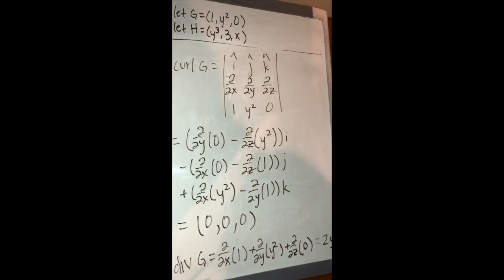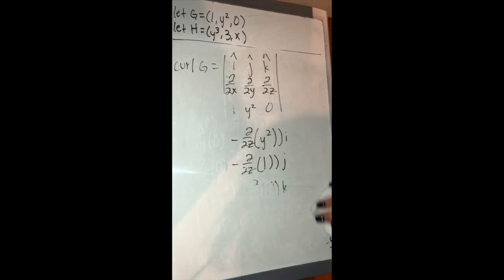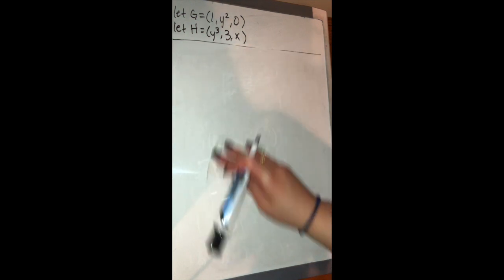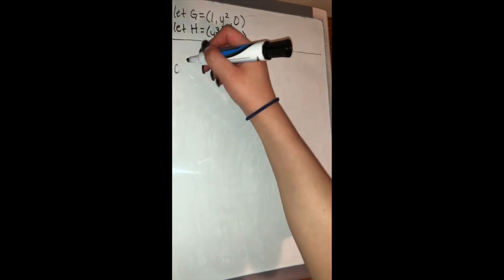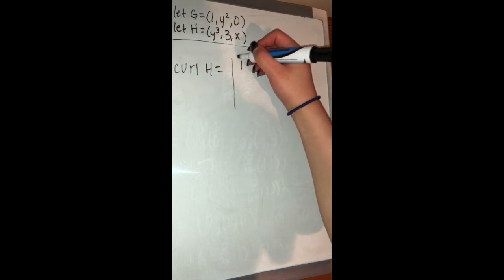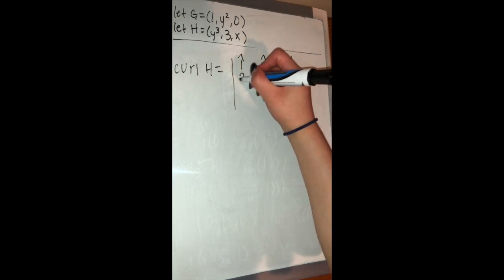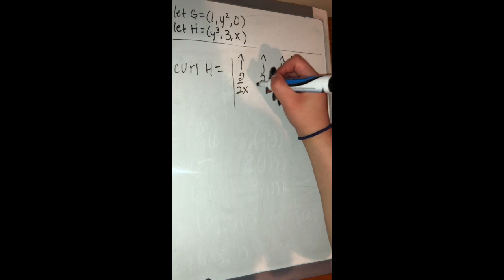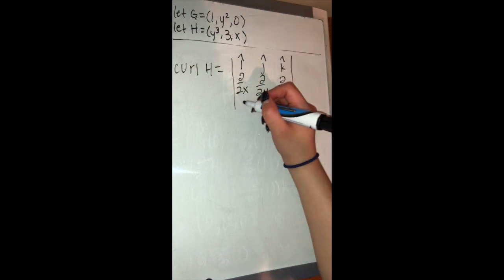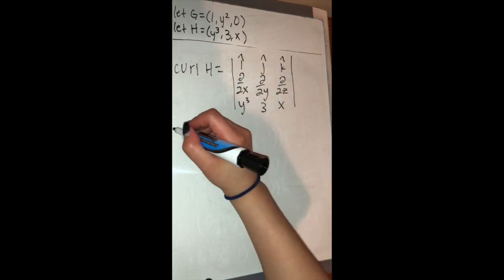For H, we want to prove that it is not irrotational but incompressible. So we do the same process with H. So the cross product for H is the curl equals I, j, and k, partial with respect to x, partial with respect to y, partial with respect to z, of the function y cubed, 3, and x.